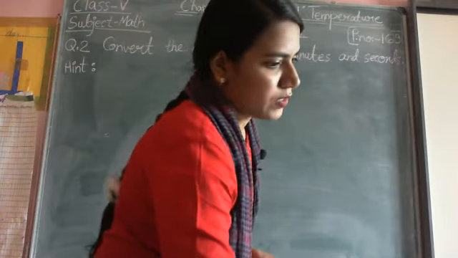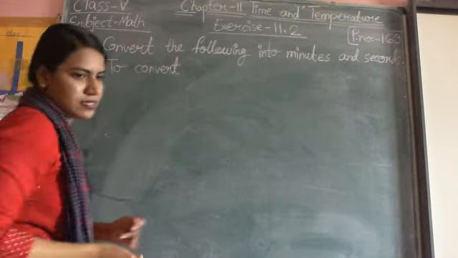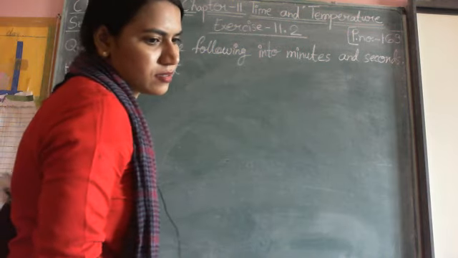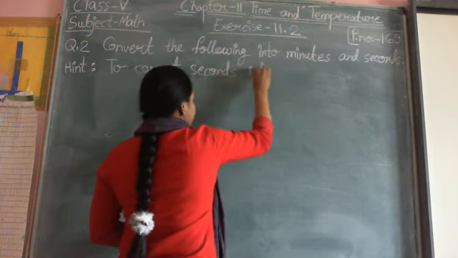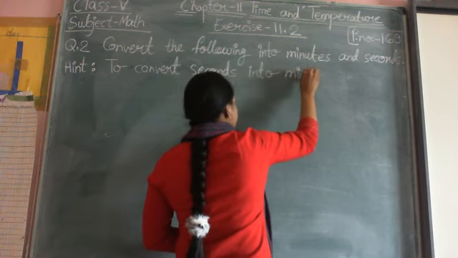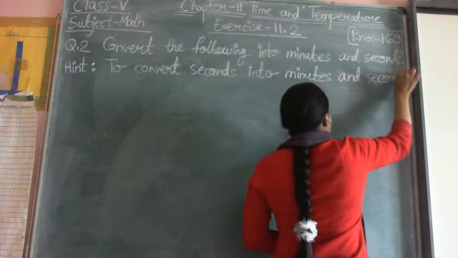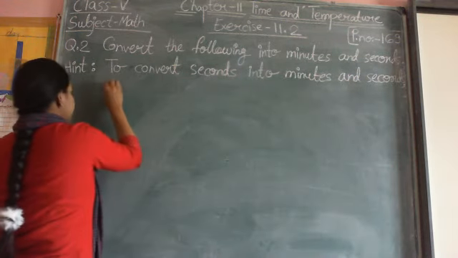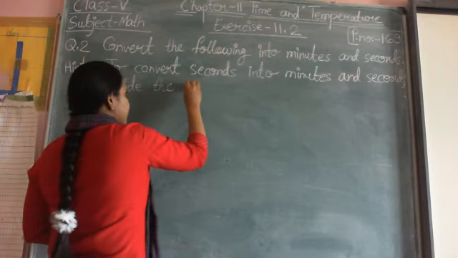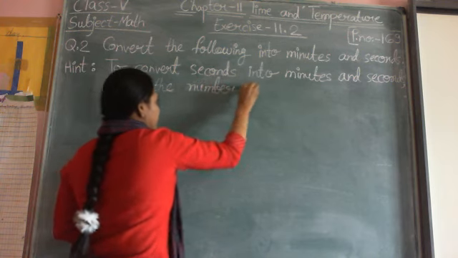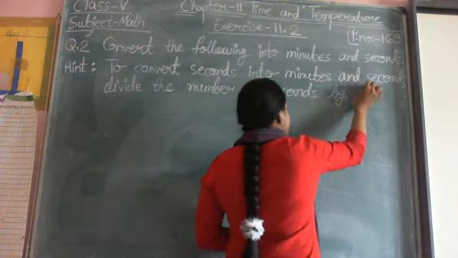Hint: to convert seconds into minutes and seconds, divide the number of seconds by 60.